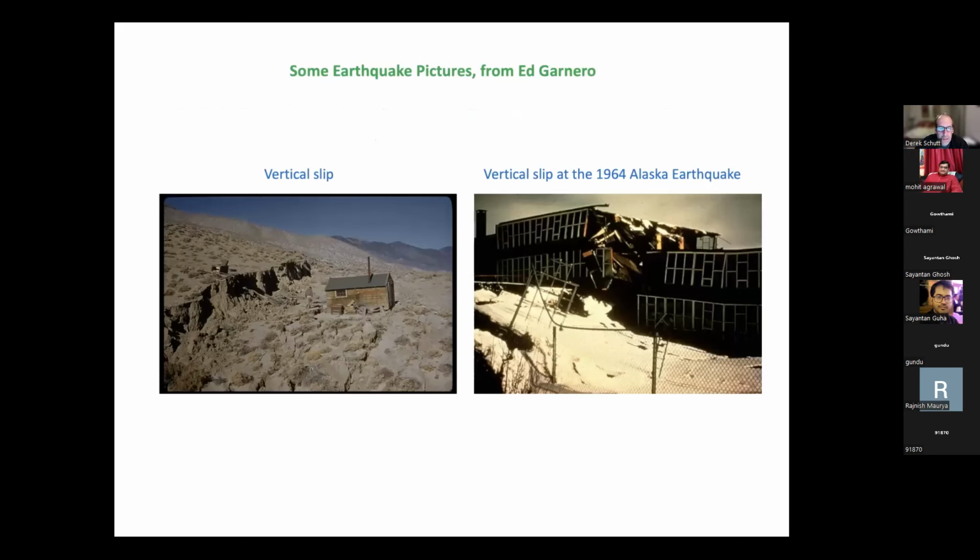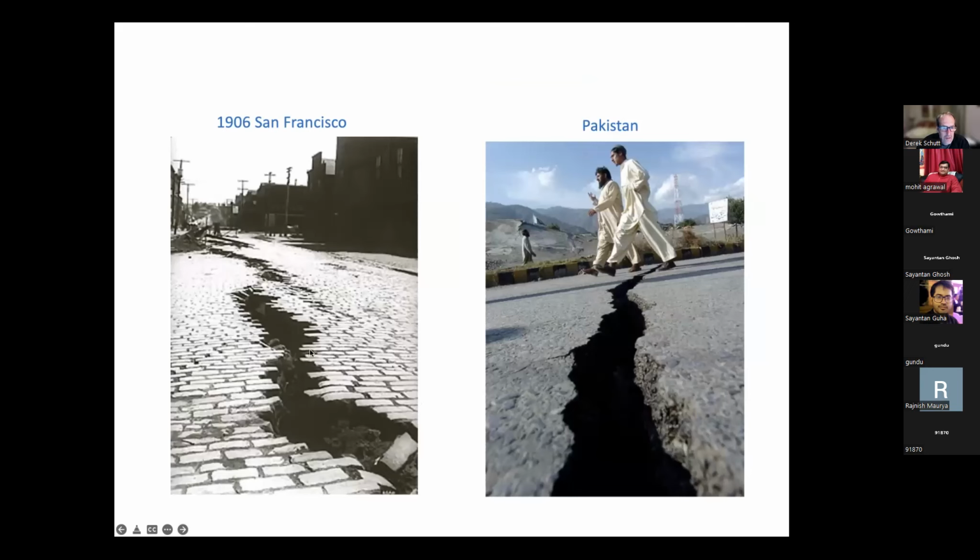First, I just want to show you some pictures to emphasize that earthquakes are a major hazard. Here's a fault scarp. This is a school that was destroyed by the 1964 Alaska earthquake, which was a magnitude 9.2 earthquake. This is the 1906 San Francisco earthquake, which subsequently caused a fire, and the fire destroyed much of the city.